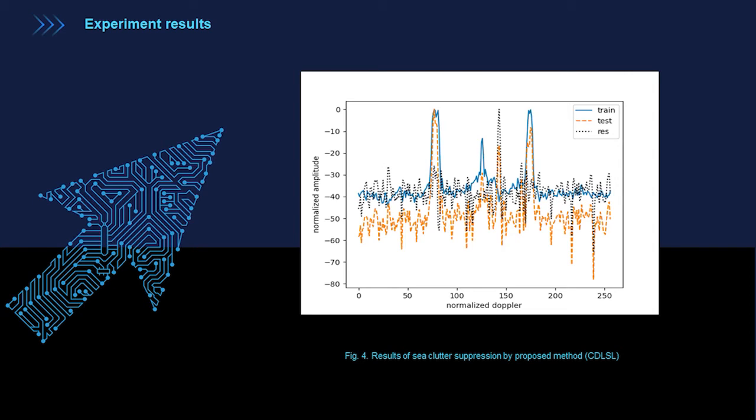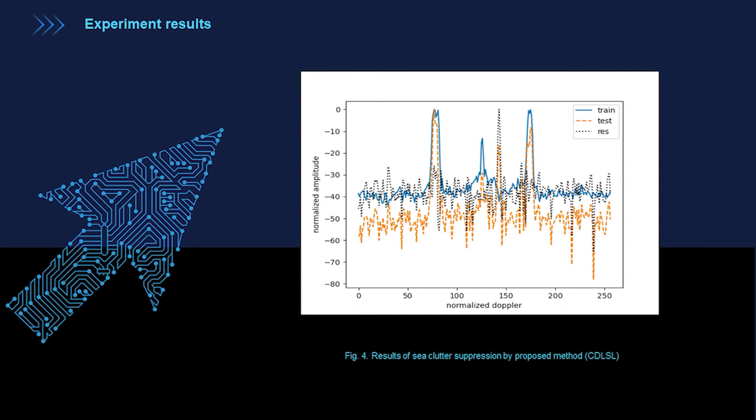Specifically, the blue curve represents the C-clutter obtained by dictionary learning. The orange curve represents the currently received C-clutter, whose features will be learned. The black curve represents the detected target.